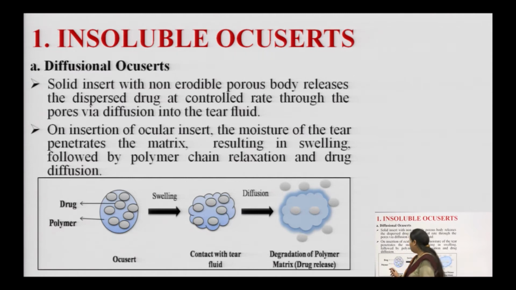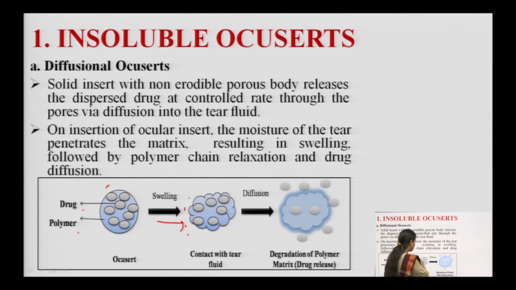Now, I will tell you, this is the basic OcuSert design, which contains drug and polymer in a matrix. Upon placement in the cul-de-sac, you see the swelling will occur due to the eye moisture, right, after contact with tear fluid.